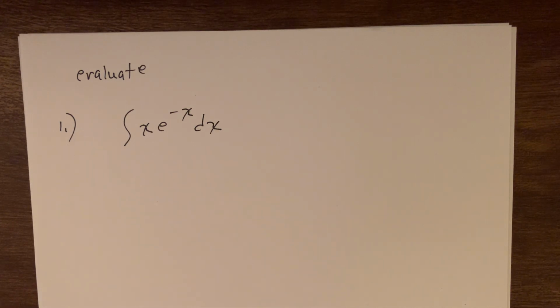So, number one. Well, again, before we can jump in and start doing any techniques, we have to observe the situation. What are we looking at? X times e to the minus x. There's multiplication. I can't multiply it. And if you ignore the multiplication, that's really troubling at this stage, everybody.